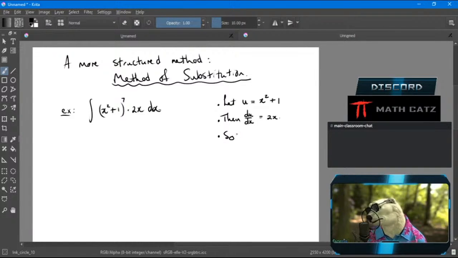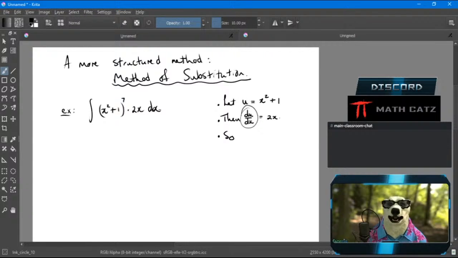So we are going to use a little trick where we see this little d notation as an actual fraction of what we call differentials.